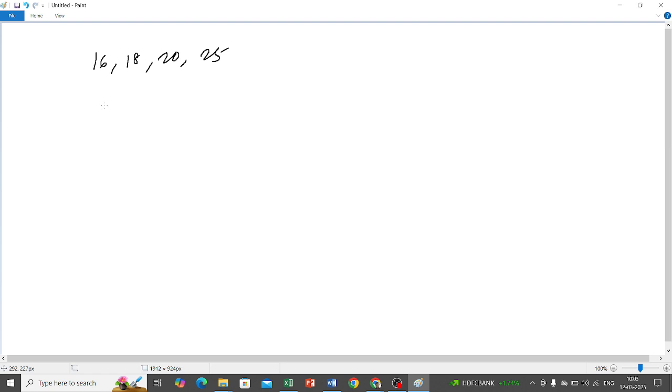Okay, so find the least number which when divided by 16, 18, 20 and 25. The first thing that you have to do is find the LCM of these numbers.